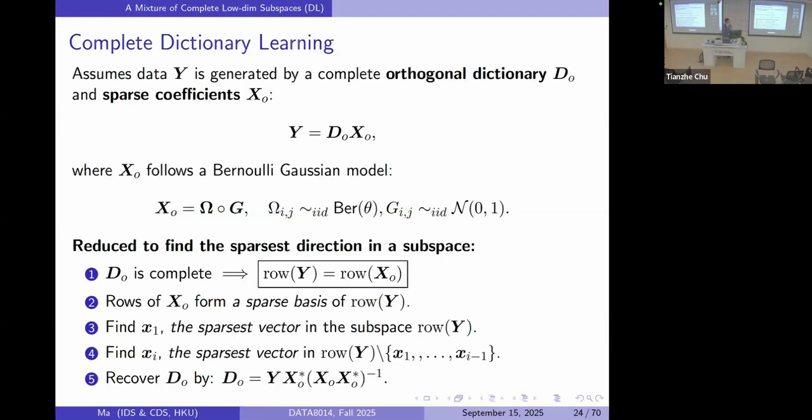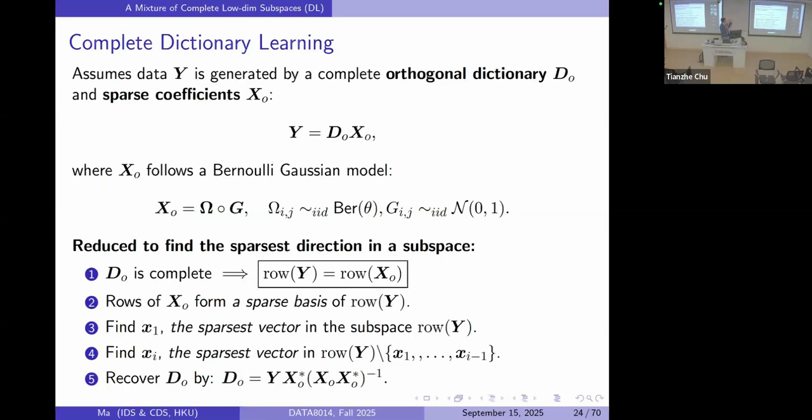Now, if you look at this, the rows of y are just linear combinations. Each row here hits this matrix to give a weighted sum of the rows of x. Each row of y is a linear combination of the rows of x, and the rows of x are sparse.